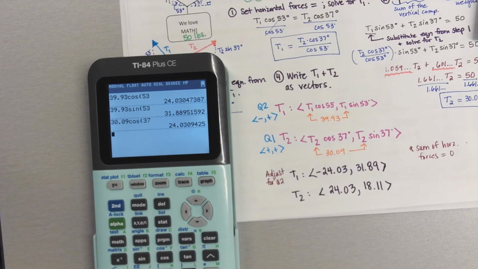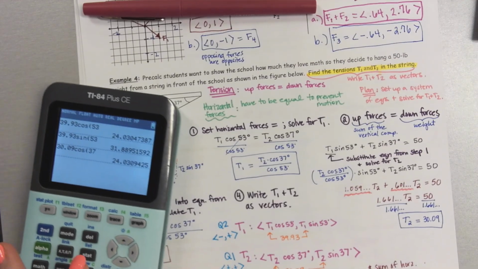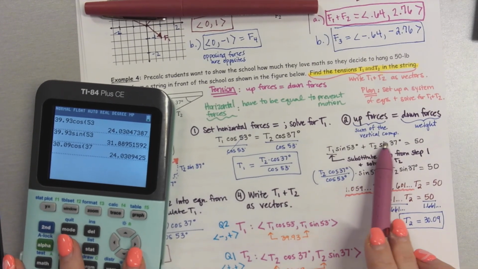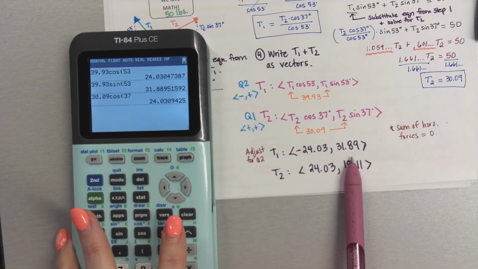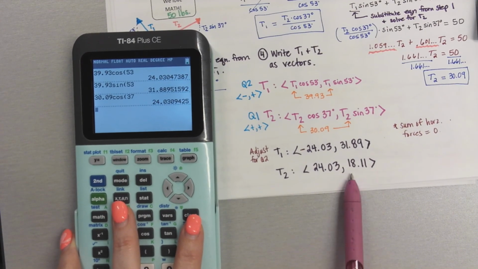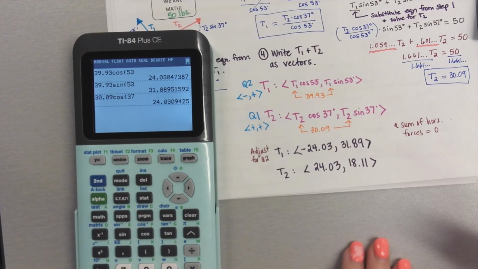There's also something special that happens with the vertical components. Remember, we said the up forces have to equal the down forces. And the sum of the vertical components should be equal to what? What do we write down? The sum of the vertical components should be equal to what? The weight. So if you add 31.89 and 18.11, what do you get?